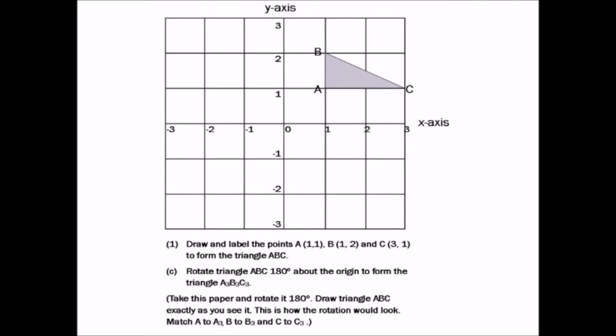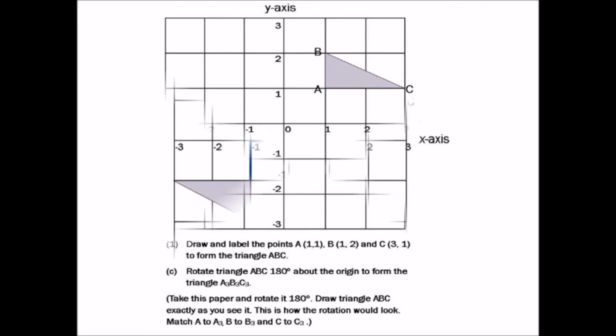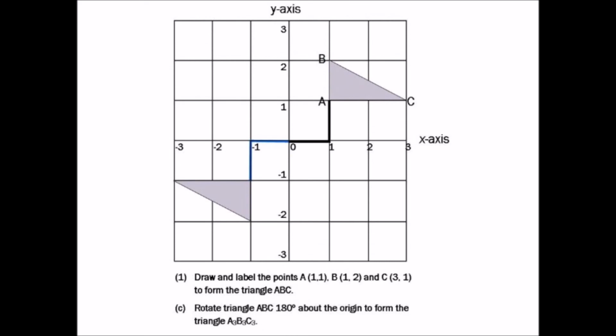Turn the paper 180 degrees and draw the triangle the way you see it with the letters attached, and that's how it must look when you rotate it. So make sure you turn it 180 now, not 90. Turn it once and turn it twice to get 180 and draw it. Attach the lines to it.